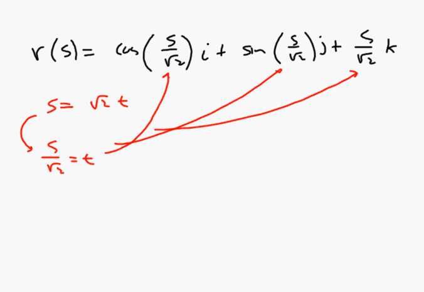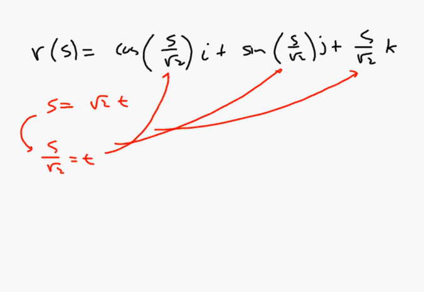Now, if you give this new parameterization a little bit of thought, you'll see it's pretty special. This parameterization does the following: if you pick, for example, s equals 5, and you sub that in and find the position of this particle moving along the helix at s equals 5, the distance that it moved along the curve, or the arc length up to s equals 5, is equal to 5.